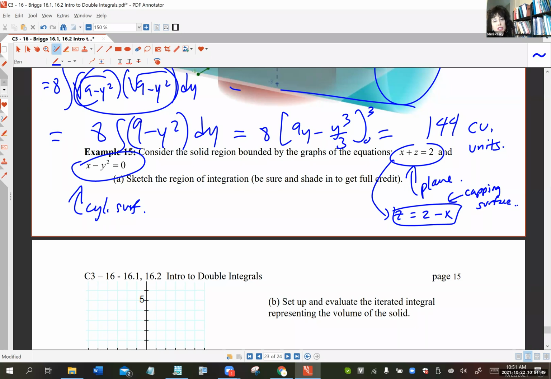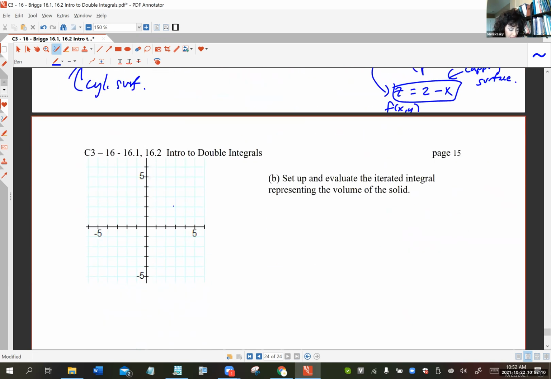Because usually you try to pick your capping surface to be the f(x,y), and that's what z is. This other equation, which is a cylindrical surface, is going to help us determine the base of the solid in the xy plane. So if you rewrite it as x equals y squared, that is a horizontal parabola like that.